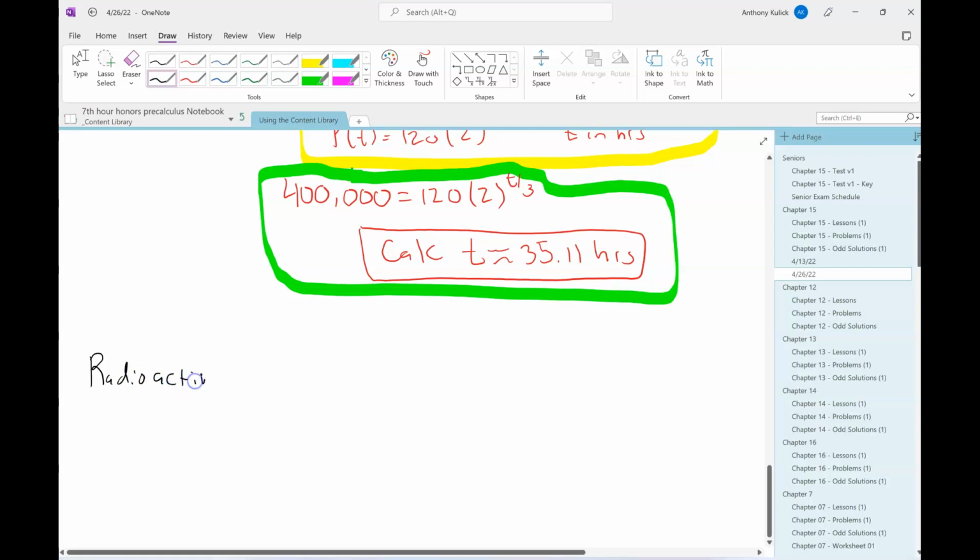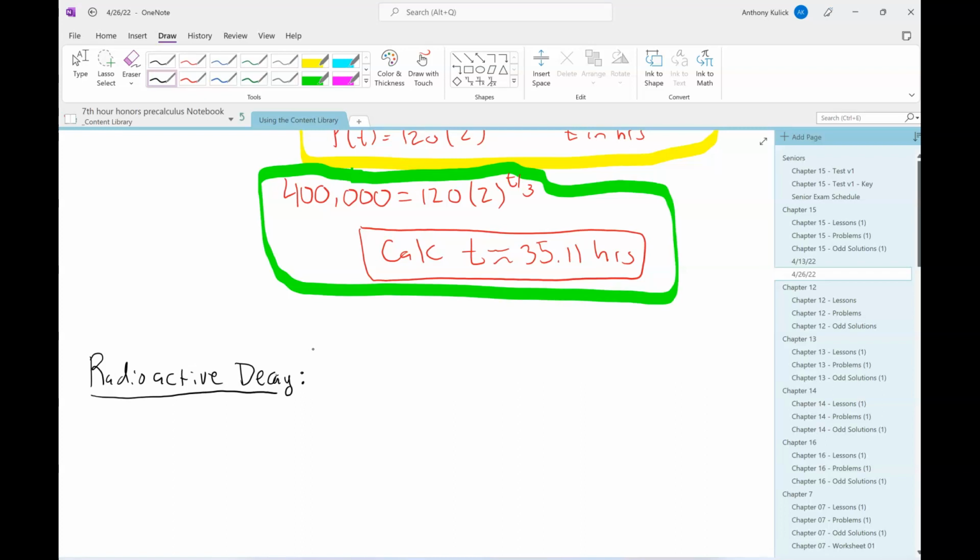And I think you guys talk about radioactive decay a little bit in your chemistry class. A really simple definition of this would be you have some substance, and that substance gives off subatomic particles, and in the act of doing that, turns into a new substance.